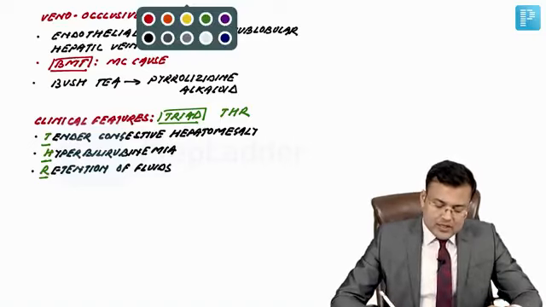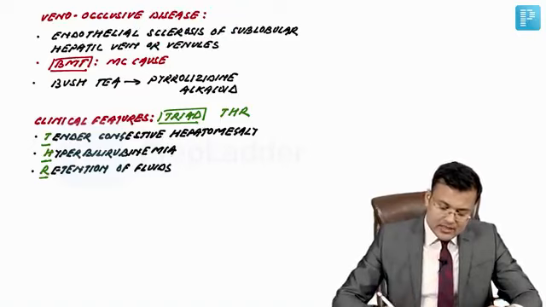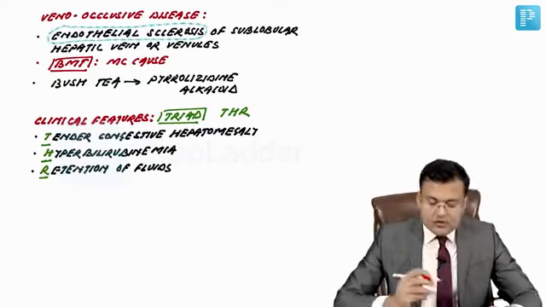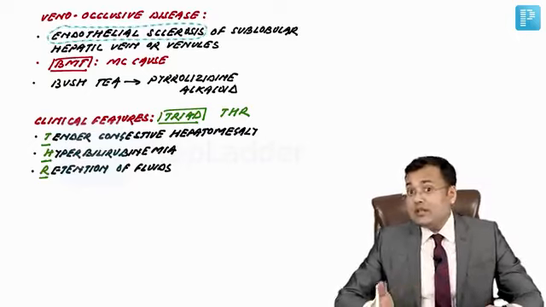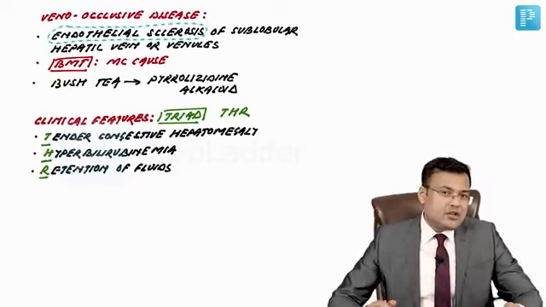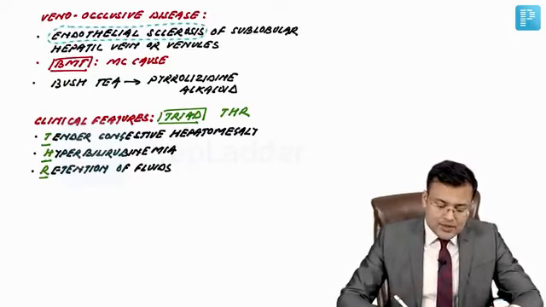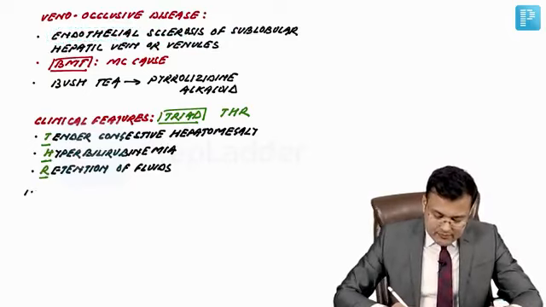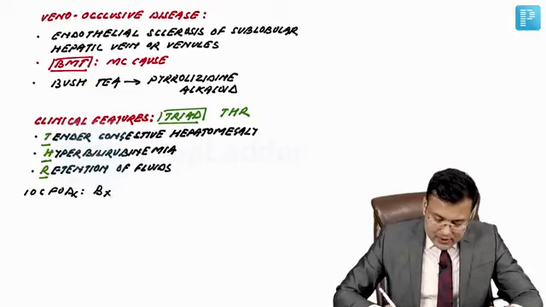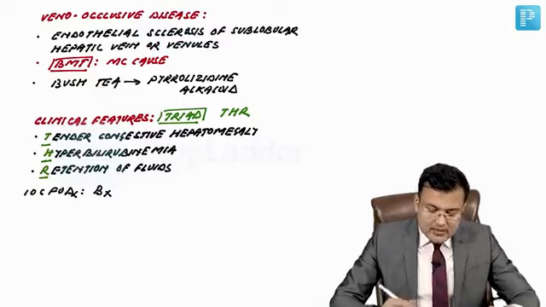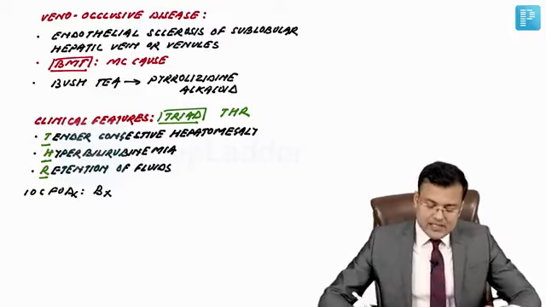Now see, what is the investigation of choice? In this case, there is endothelial sclerosis. So we have to visualize this endothelial sclerosis. So the investigation of choice for diagnosis is biopsy. And in veno-occlusive disease, the IVC is patent.